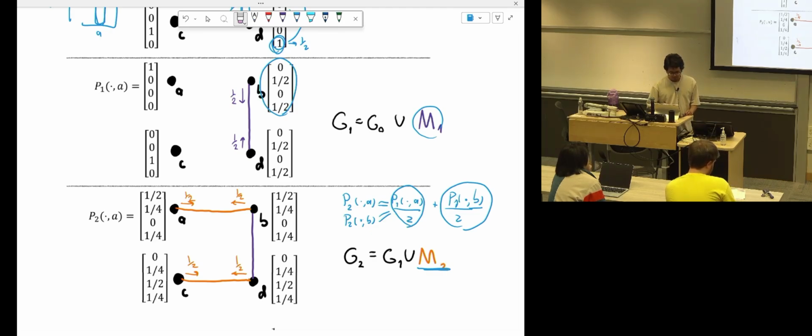Yeah. I allow this kind of matching. This is a matching, but this is not a matching. So yeah, a matching is a set of disjoint edges.